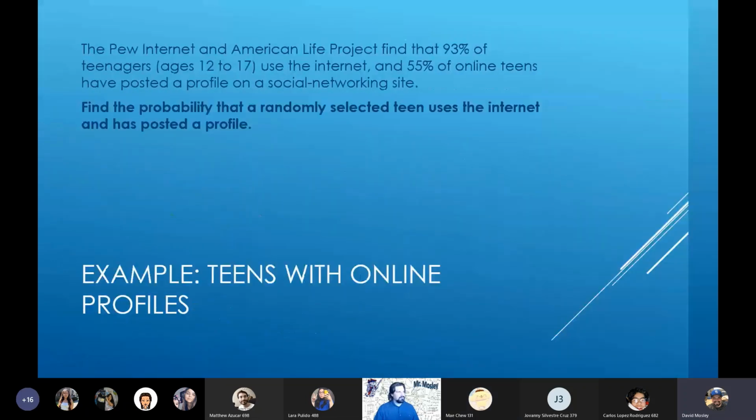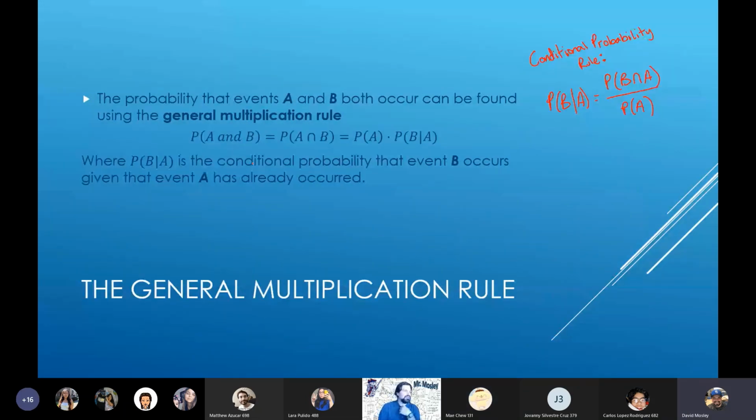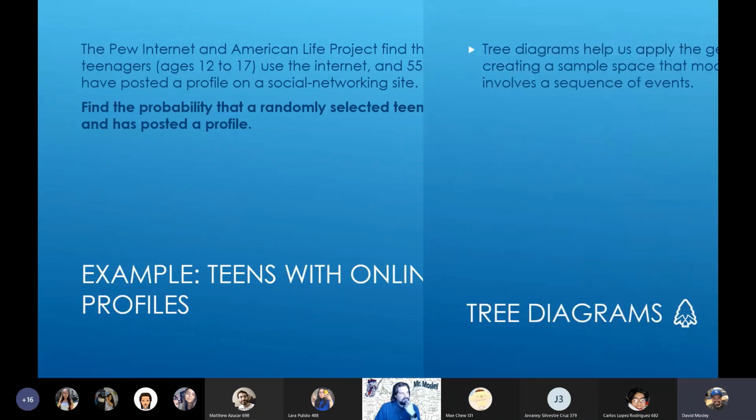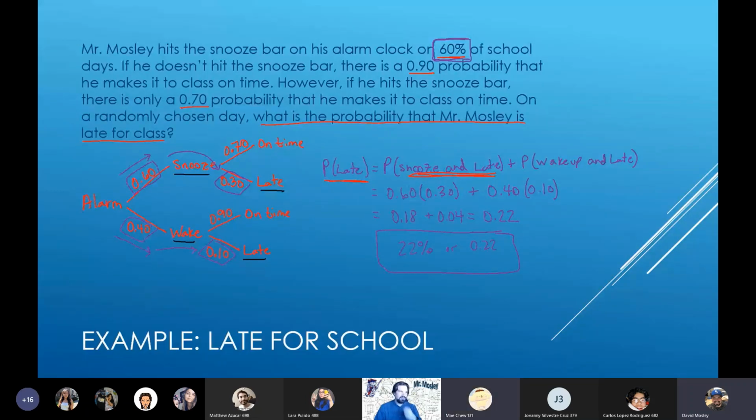If we look back one more time just to the rule in general, A and B equals probability of A times probability of B given A. When we look back at our tree diagram for this example, I know I'm flipping around a lot, the 0.3 is the probability of L given snooze, late given snooze, so to say.